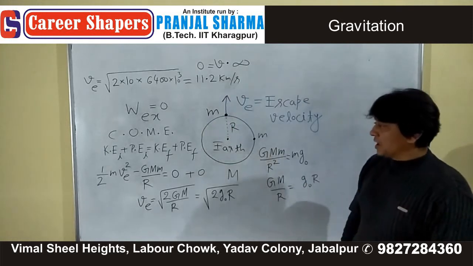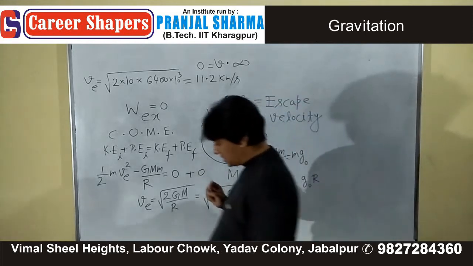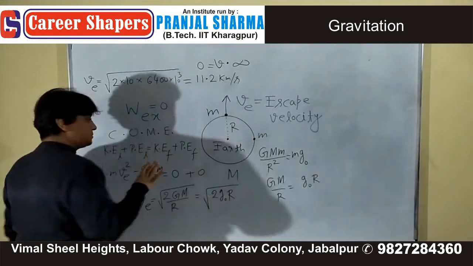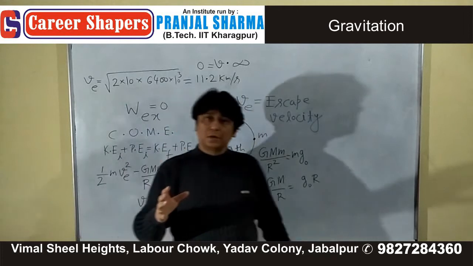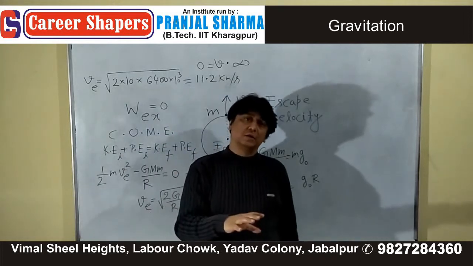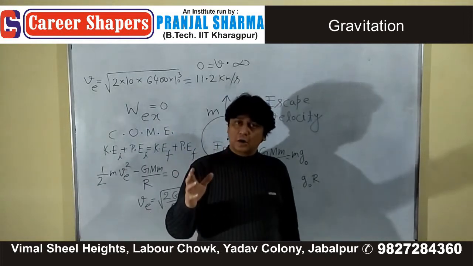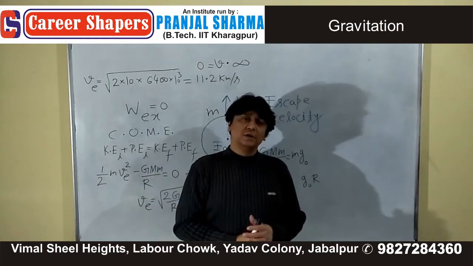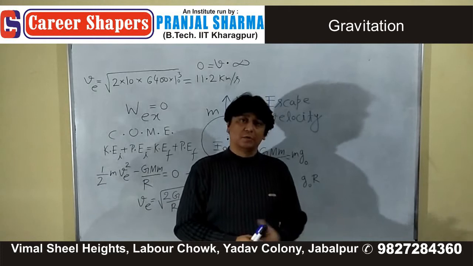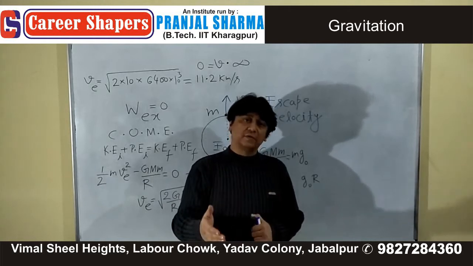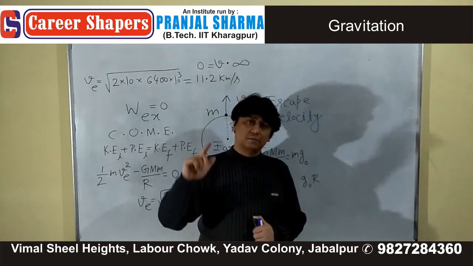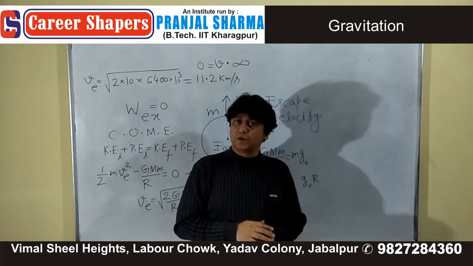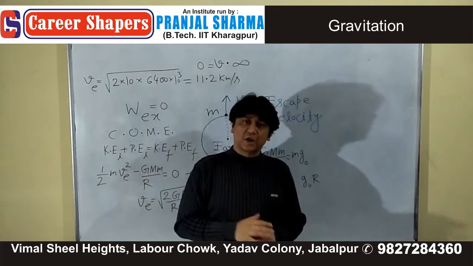Now, if I ask you that we have thrown a mass of 1 kg, or in the next case we have to throw a mass of 100 kg, for which one will escape velocity be more? Some people think that for 100 kg escape velocity will be more, but that's not the case.